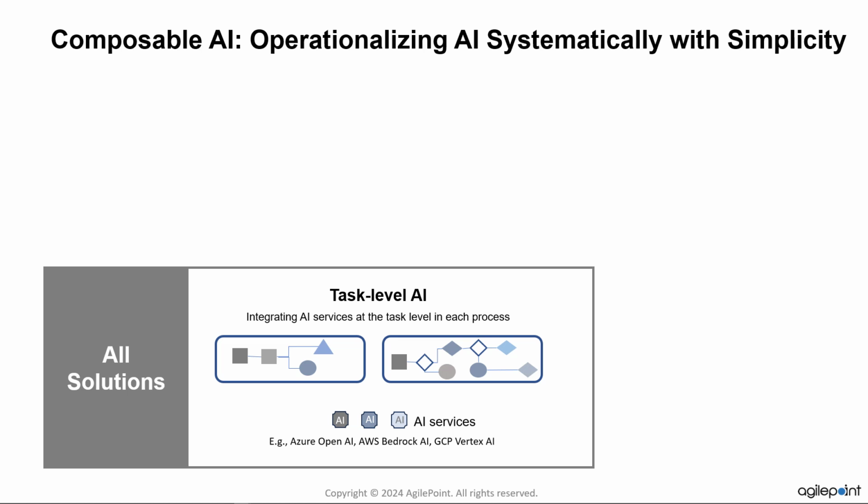So to give you a little perspective as to how all of this works and how AgilePoint's solution is uniquely positioned to realize these benefits, let's first take a look at how most process automation solutions are approaching injecting AI today. So with most process automation solutions today, they're treating AI as yet another technology service, essentially another API that we can call.